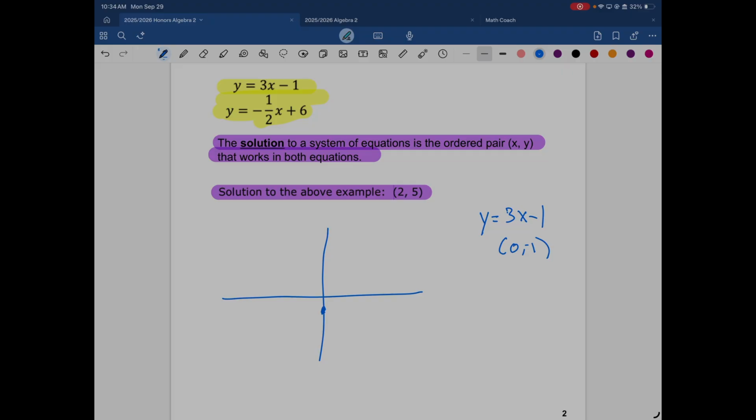That's our y-intercept. Our slope of this is 3, but we always have to have a rise over run. So we're rising up 3, running over 1. So we're going to go up 3 over 1 and make another point. Again, make sure you're accurate. That should be at the point (1, 2).